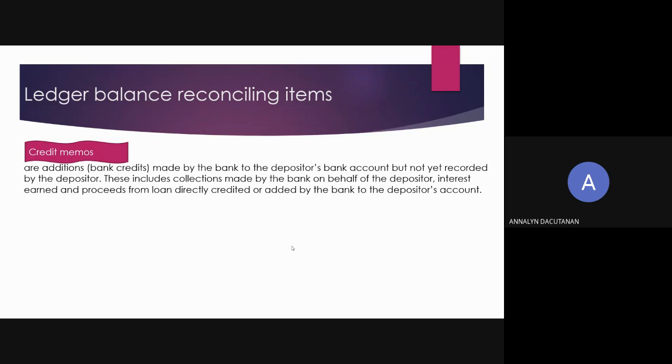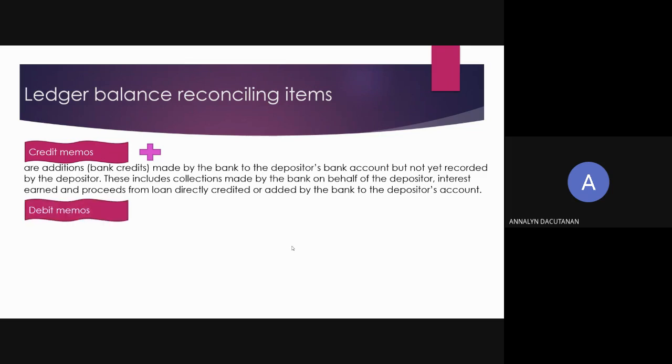Next. Of course, if meron kang credit memo, which is an addition, it's an addition to your ledger balance. So in order for you to be reconciled with your bank, you need to add it on your book balance.